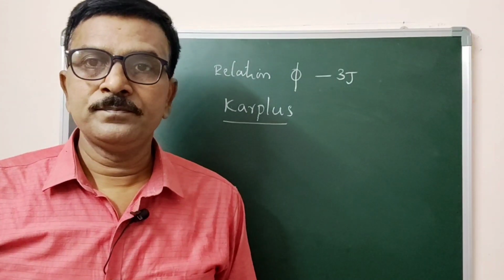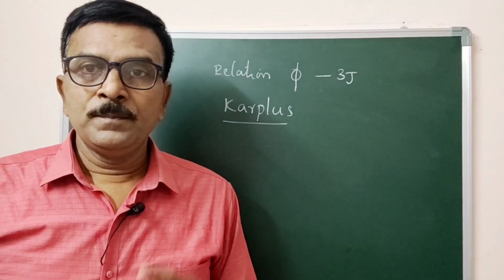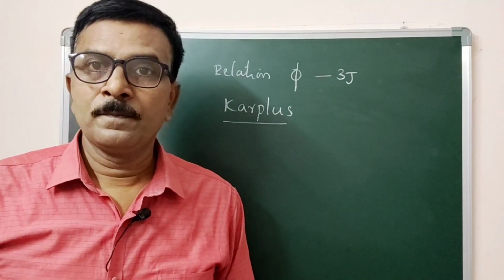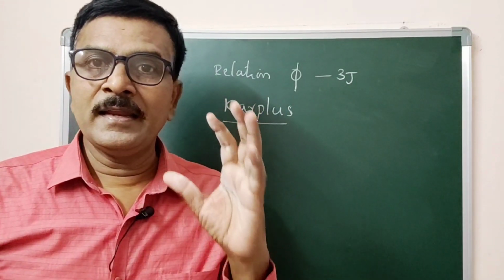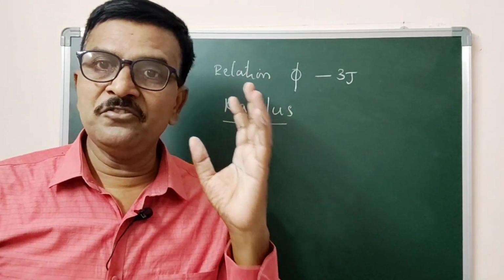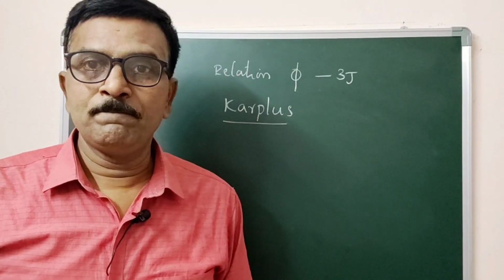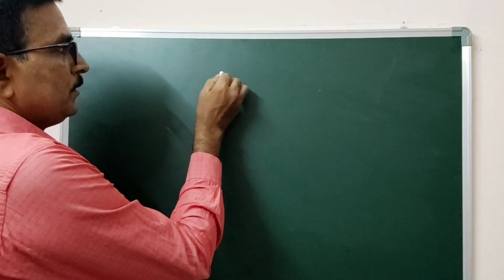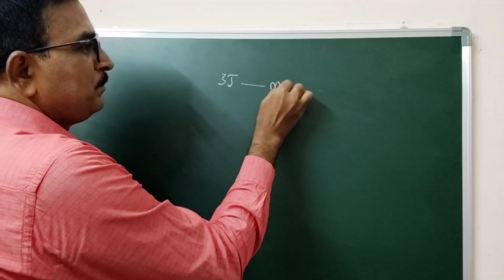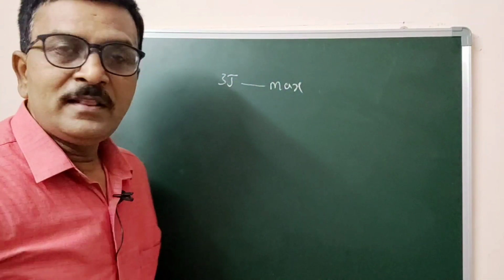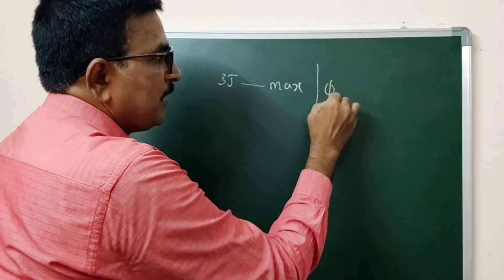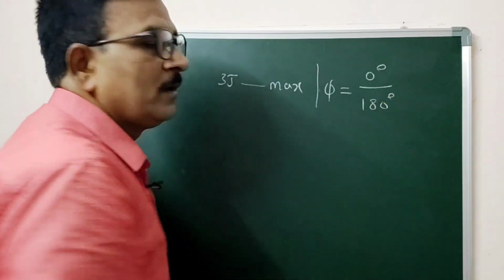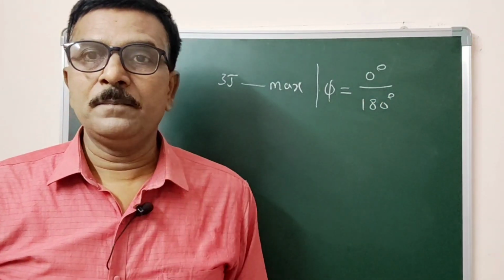According to Karplus, the vicinal coupling constant values are maximum when the dihedral angle between the coupled protons is either 0 degree or 180 degree. 3J values are maximum when the dihedral angle phi is equal to either 0 degree or 180 degree.